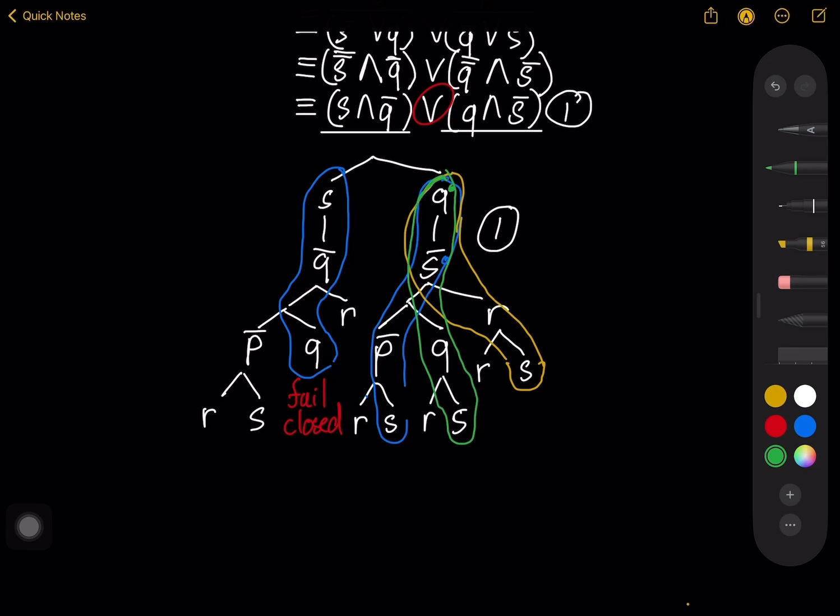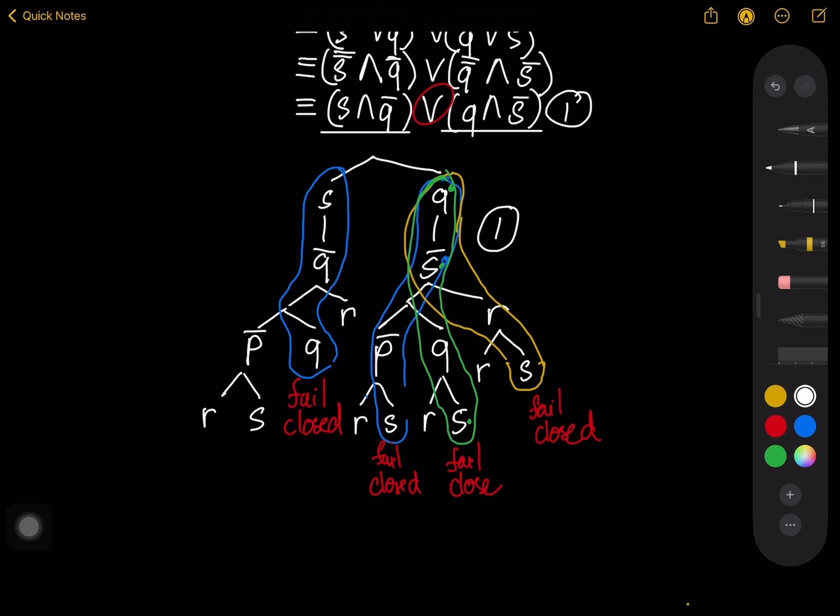It's failed at the very bottom, which is S and not S, right? So this is also failed, closed, fail, closed, and fail, therefore closed. Okay?